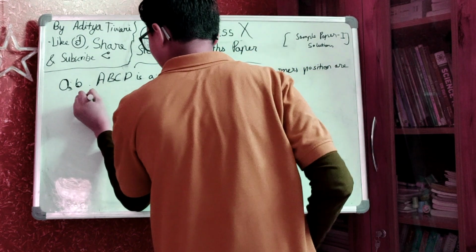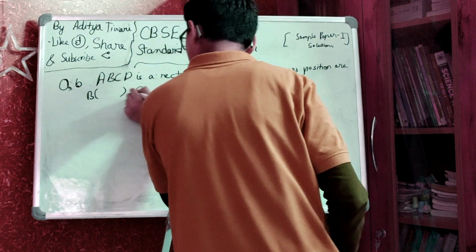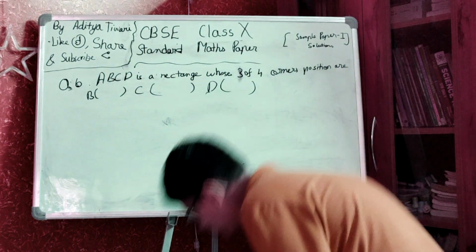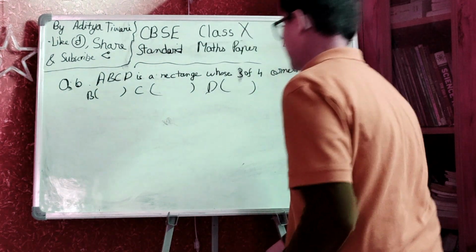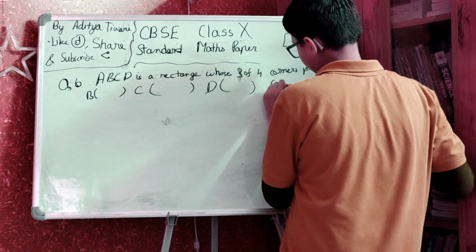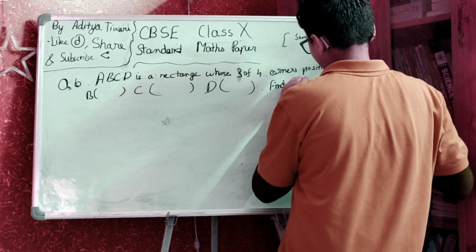Okay, so B is given, C is given, D is given. And find the length of the diagonal.